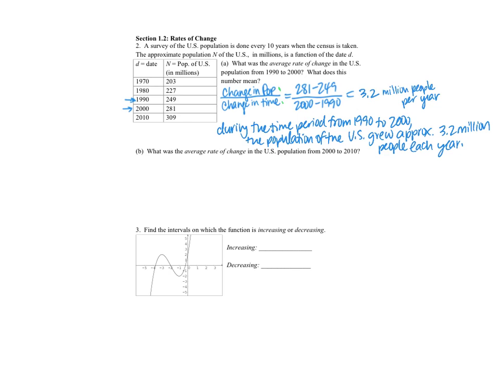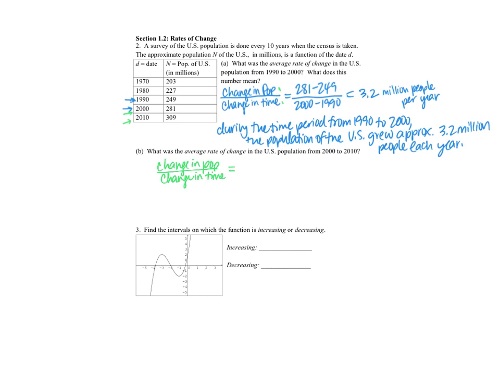Okay, and then it says, what was the average rate of change from 2000 to 2010? So now I'm going to be looking here at these two years, and so I can see I again want to do the change in population over the change in time.